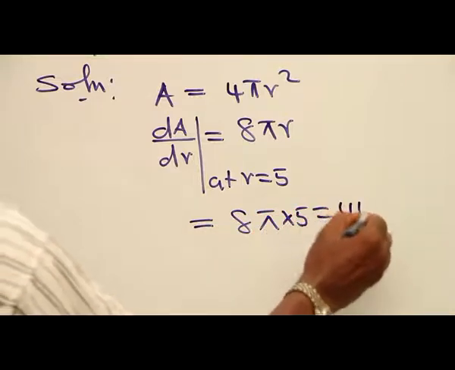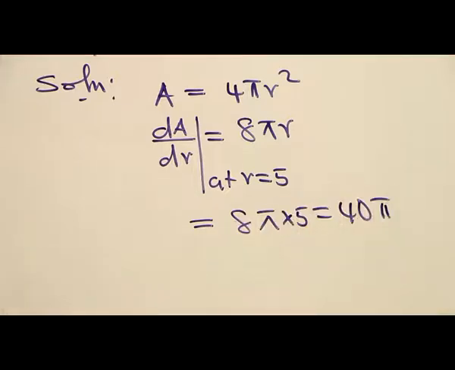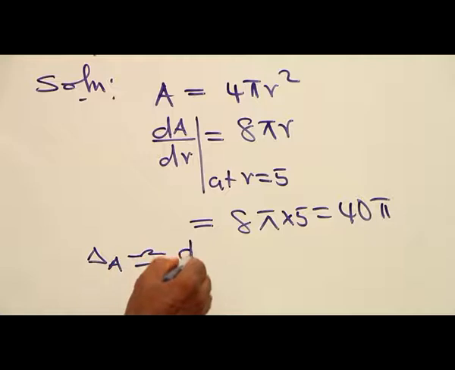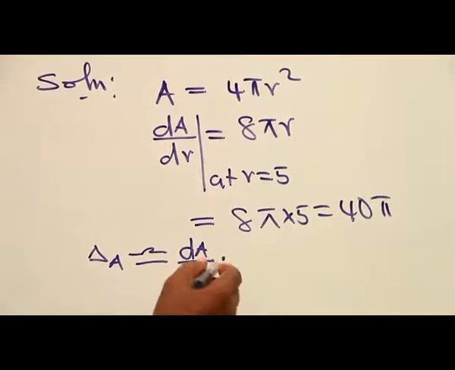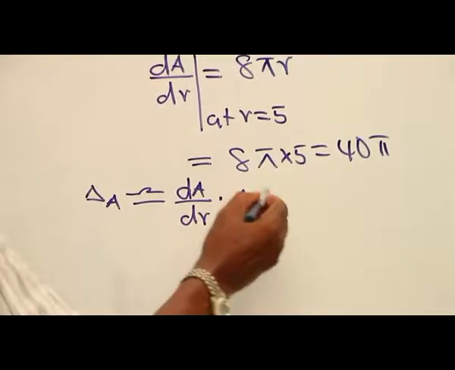And that will give us 40 pi square units as area. Now that we have gotten the value of dA over dr, to find the approximate decrease, we say let the approximate decrease be delta A, and this is approximately equal to the dA all over dr, and then multiply by the decrease, and the decrease here is in terms of delta r.